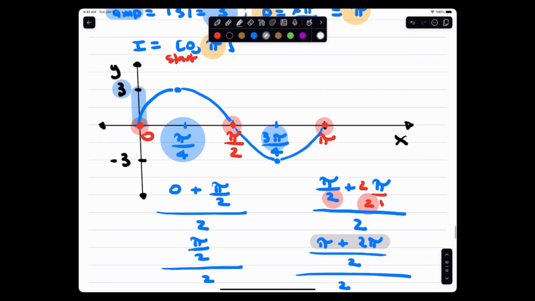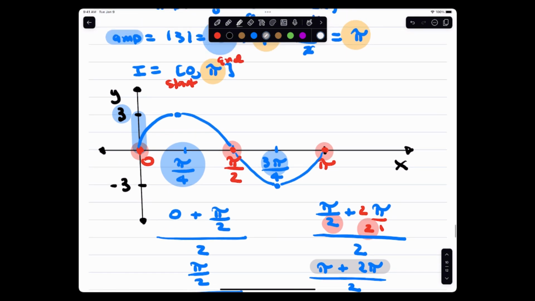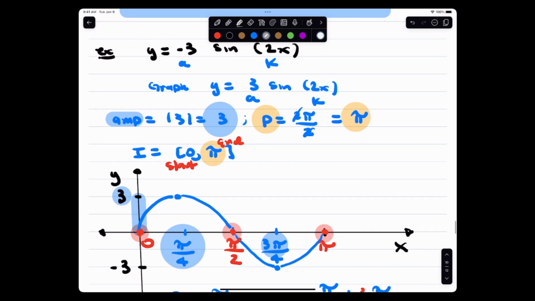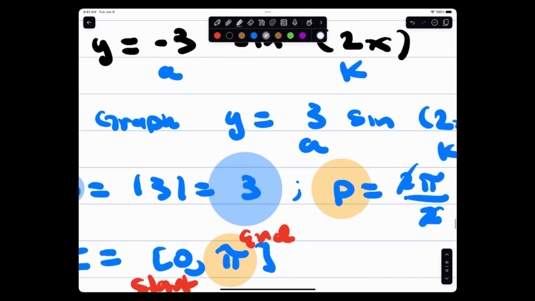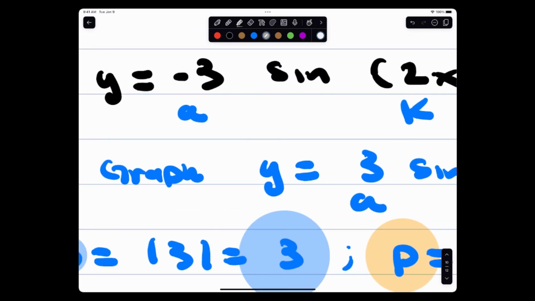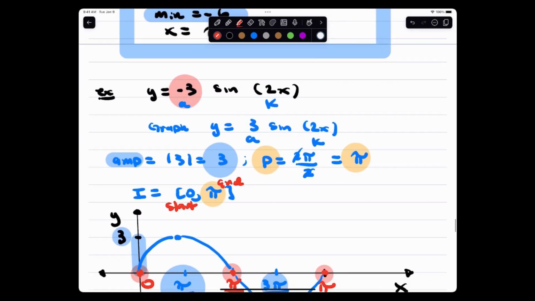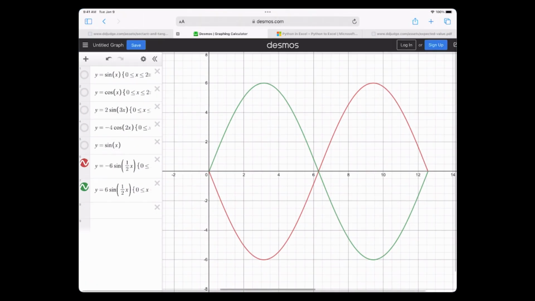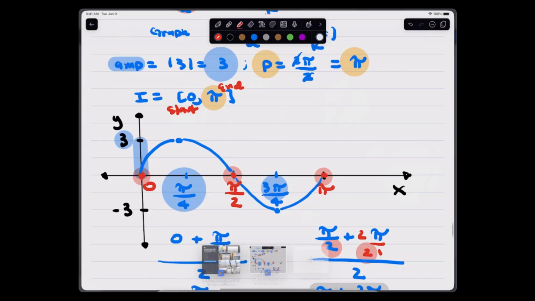So now you might say, but that's not what they gave me. Why am I looking at positive when they gave me the negative value? Well, what do you guys remember? Aren't they all reflected? Go back to Desmos. Aren't they reflected about the x-axis? They sure are.